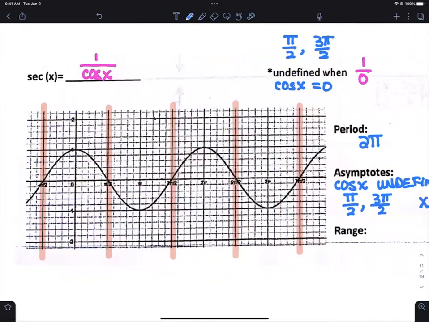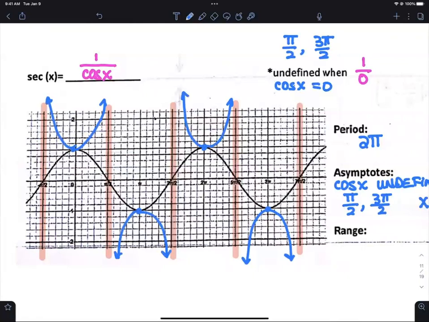Now, to graph the secant graph, it's the same logic. Come to a minimum point and then draw the little parabolic curves away from the x-axis between each asymptote. Here you're at a maximum, so you curve up. You're at a minimum, curving down. You're at a maximum, and you're curving up.